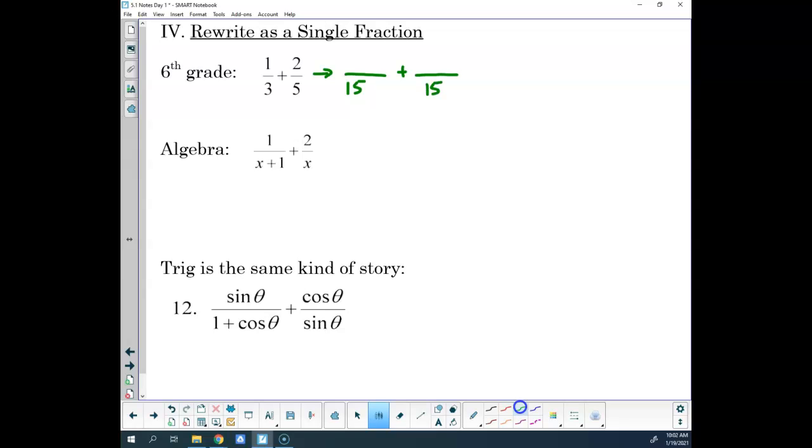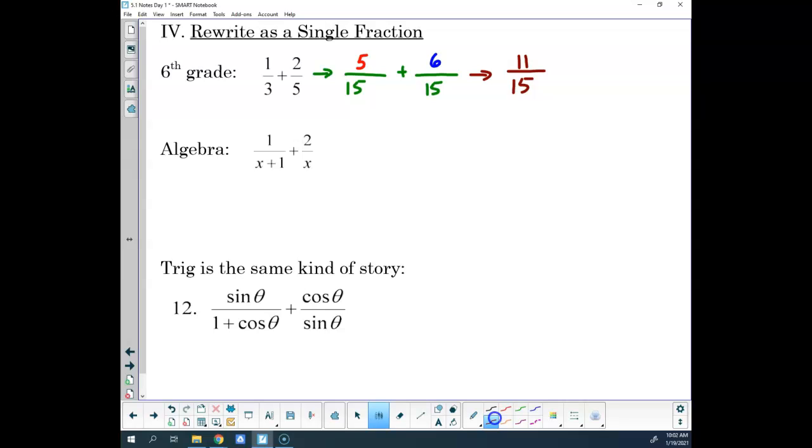Then you adjusted each fraction: 3 times 5 gets me 15, so 1 times 5 is that adjustment. 5 times 3 gets me 15, so 2 times 3 is 6. And then you said this is 11 15ths, and you simplified that if possible.